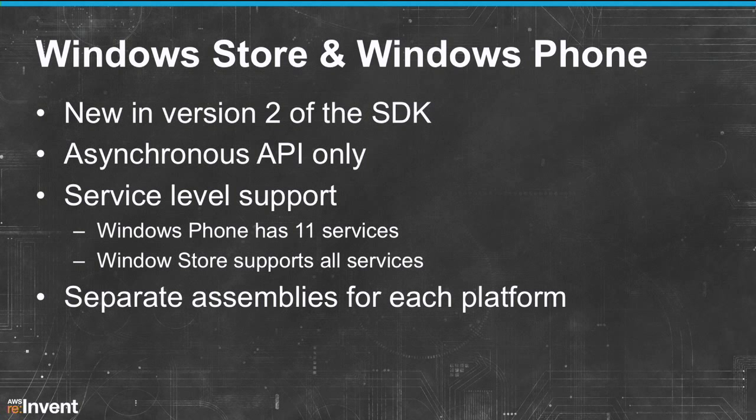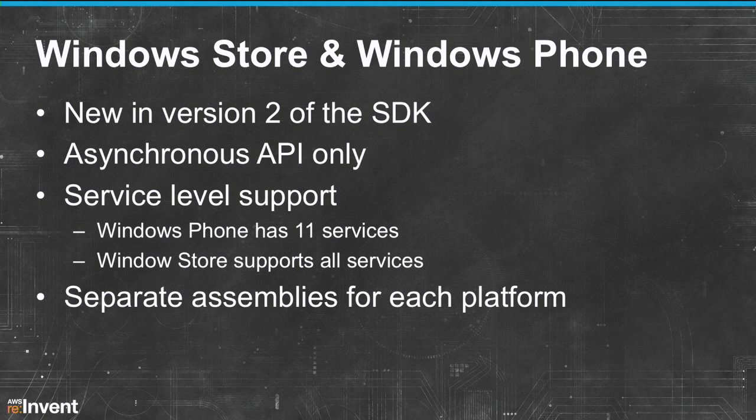So with .NET version 2 of the SDK, which we released just Friday, it added support for Windows Store and Windows Phone 8 applications. Again, in these versions of the SDK, it only supports the asynchronous version for the APIs.